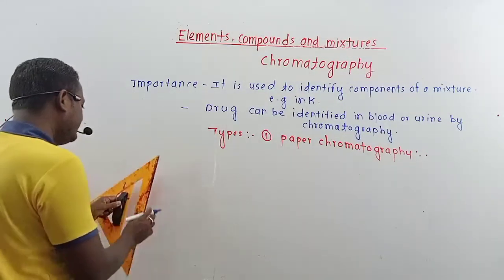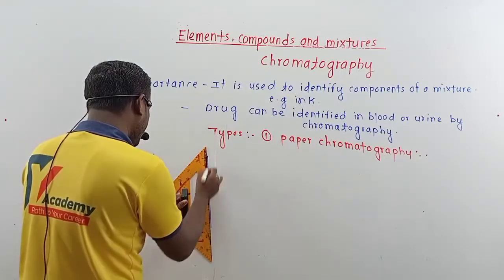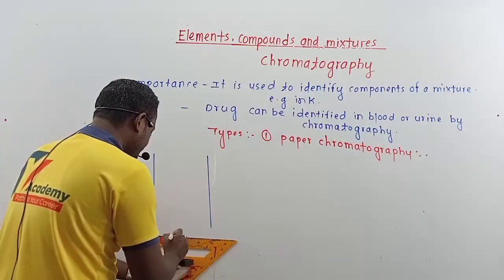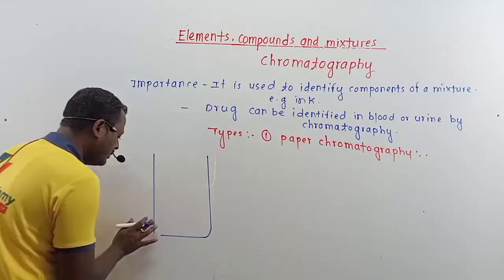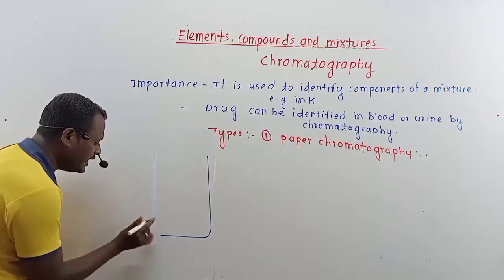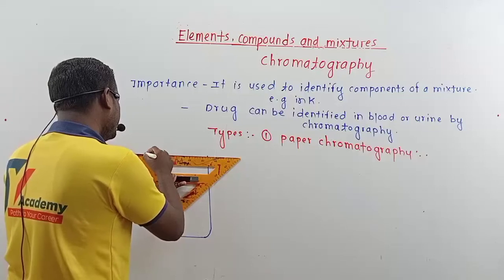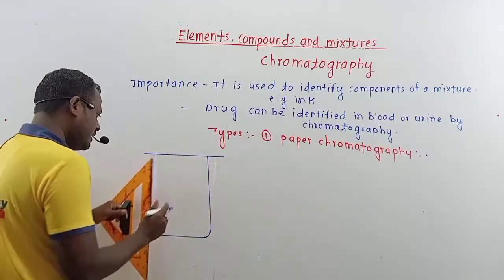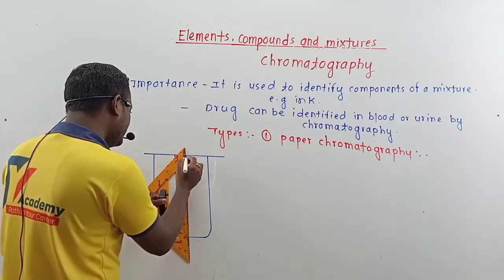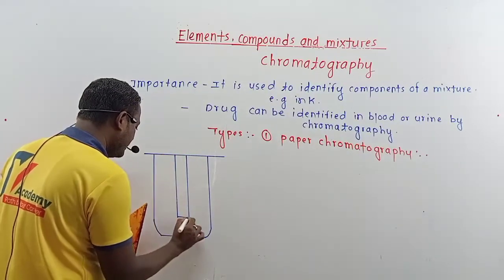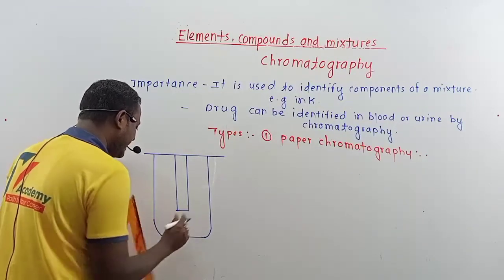Okay. So let us see, there is a beaker like that and we have to take the filter paper. On that filter paper we have to mark one dot with the help of ink. Let us see here, this is the beaker and we have to put this filter paper upright in this way.